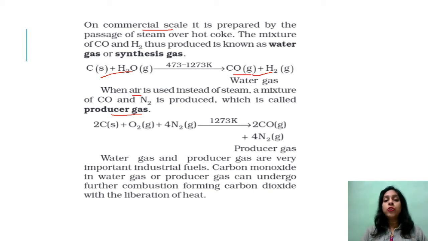Instead of carbon monoxide and hydrogen, the product which is formed, that is carbon monoxide and nitrogen gas mixture, which is also known as a producer gas. And both of these, water gas and producer gas, are very important industrial fuels.